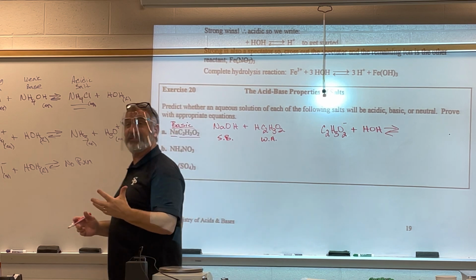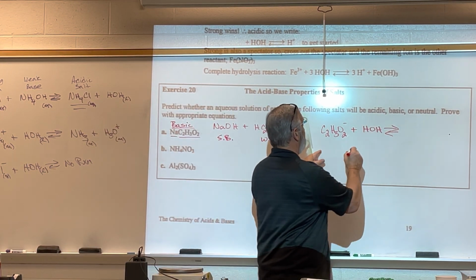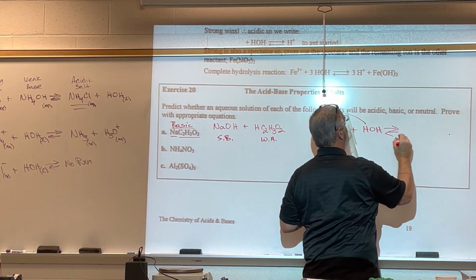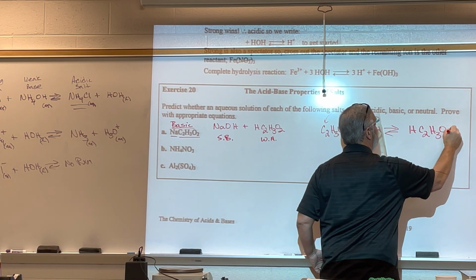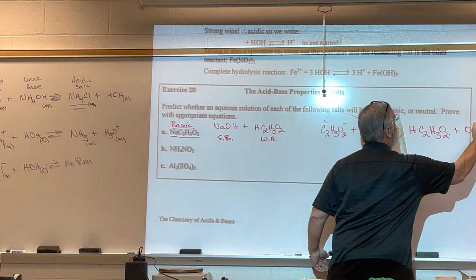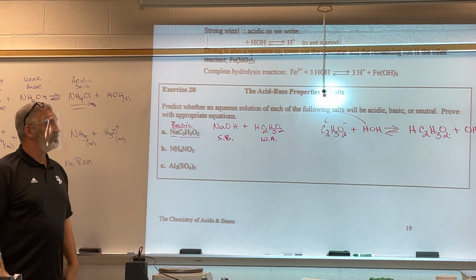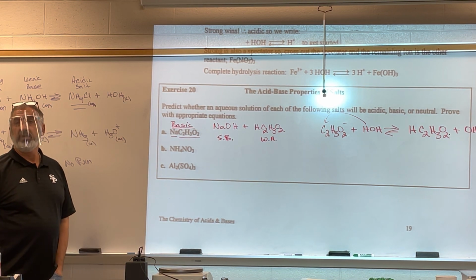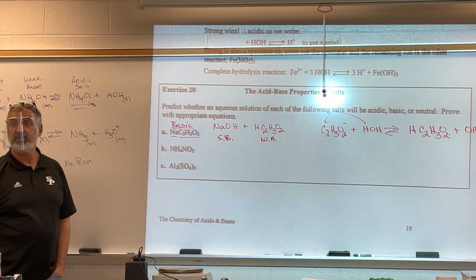So what is the acetate going to do with hydrogens? Accept the hydrogen from water and produce a hydroxide ion. So we're going to make HC2H3O2 plus OH minus. It's always the part that came from the weak, the conjugate of the weak.